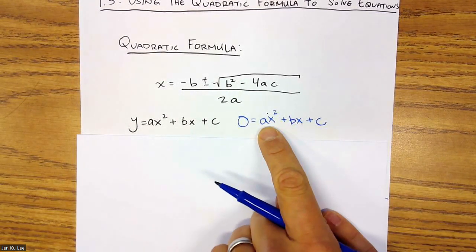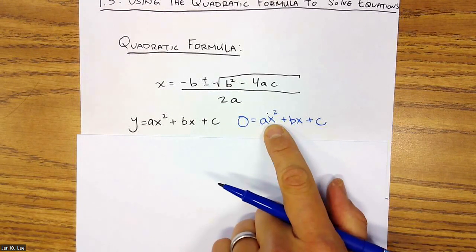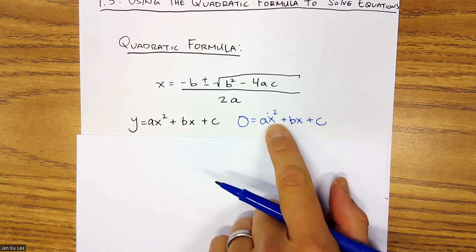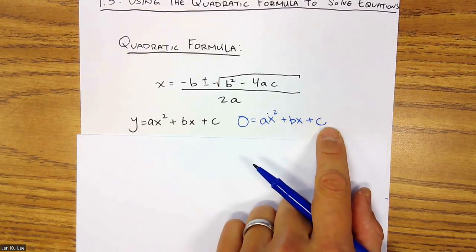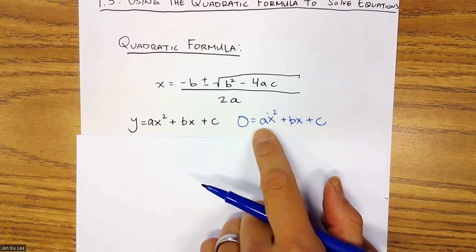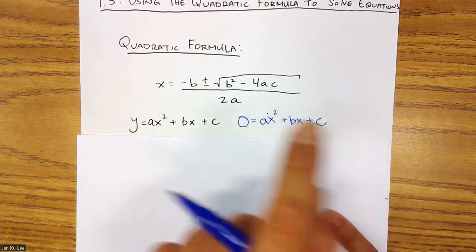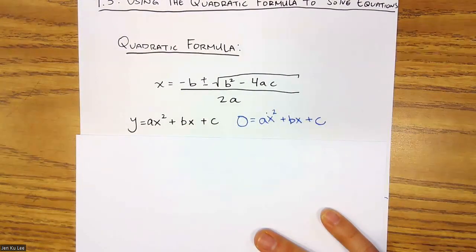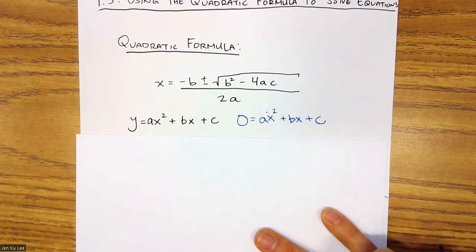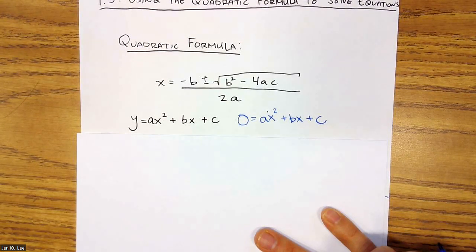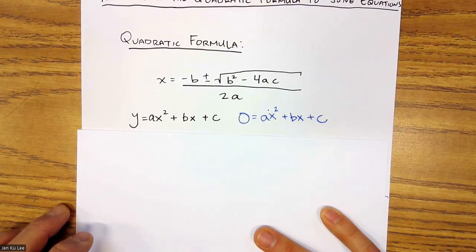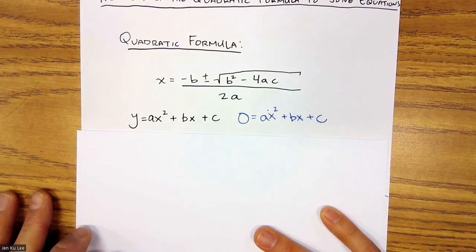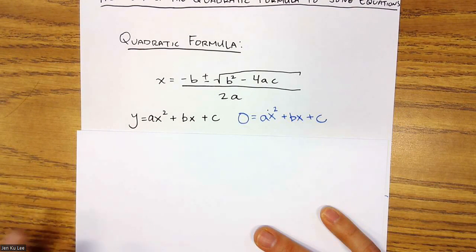Your a is always going to be the coefficient that is next to the x squared. b is always going to be with x, and c is your constant. So all we're going to do is pick out those numbers, plug them into this formula, and then do some math. Simplify it, and then bada bing, bada boom, you have your answer. It's pretty straightforward, really simple, and let's just practice a little bit.